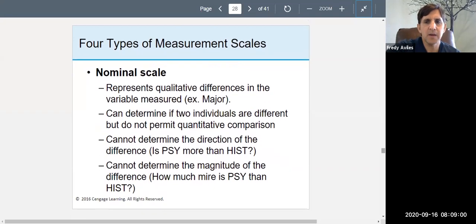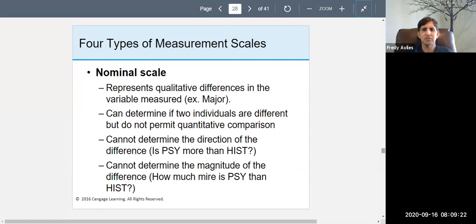Okay, now let's talk a bit more about measurement. Let's talk about the different types of measurement scales. There are different scales, different ways in which you can measure your variables. You can measure variables on what's called a nominal scale. Some variables are nominal. And nominal simply means that it's in name only.